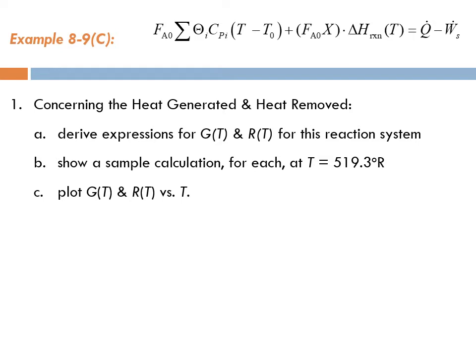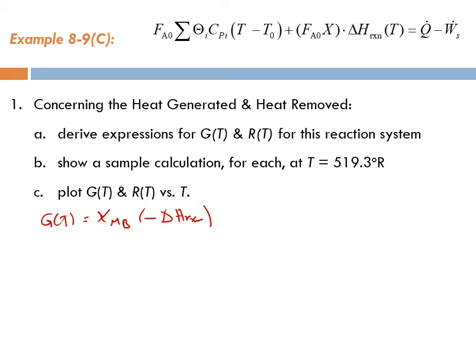So for GT, we need GT equals X material balance times minus delta H reaction. So first thing we need is X material balance. Where are you going to get it from? Well, obviously you're going to get it from the material balance.